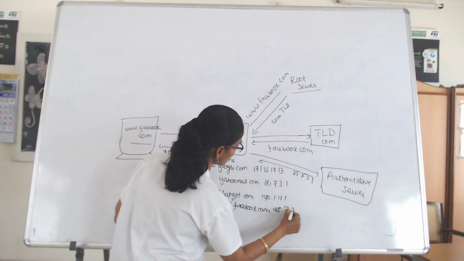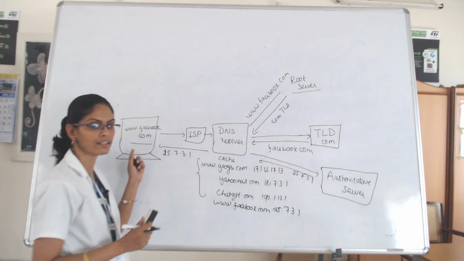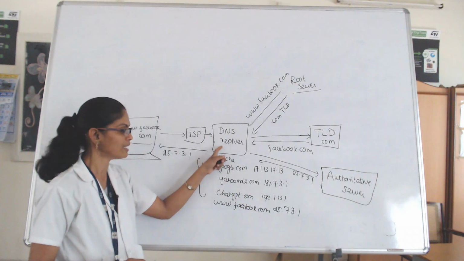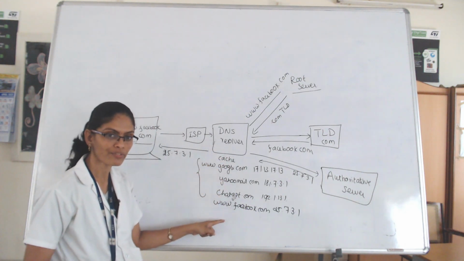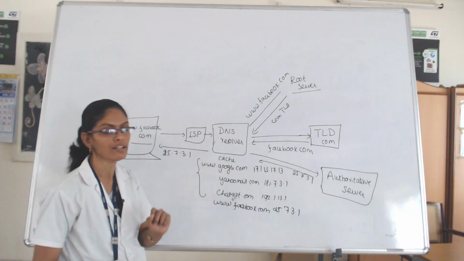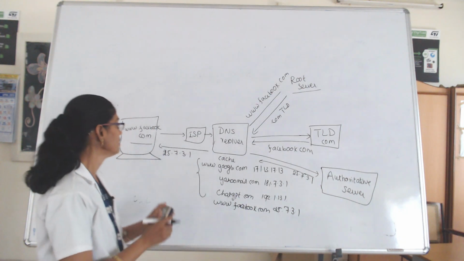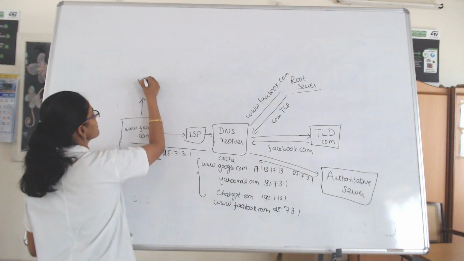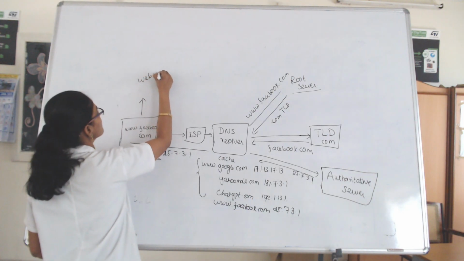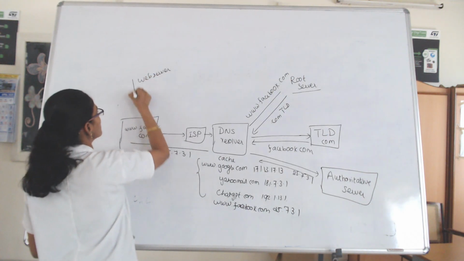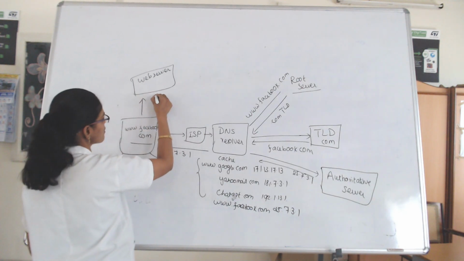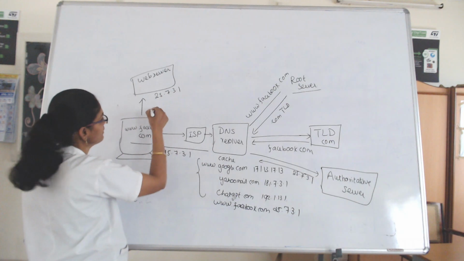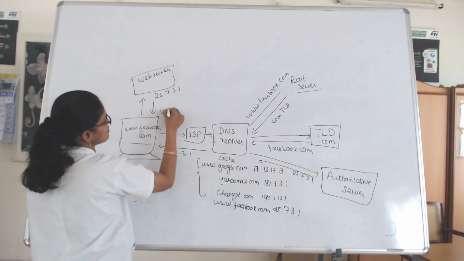So whenever any other host system contacts this DNS resolver, the DNS resolver will check its cache memory and fetch facebook.com's IP address. Then this host system will contact the web server with the IP address 25.7.3.1 and get the Facebook web page.